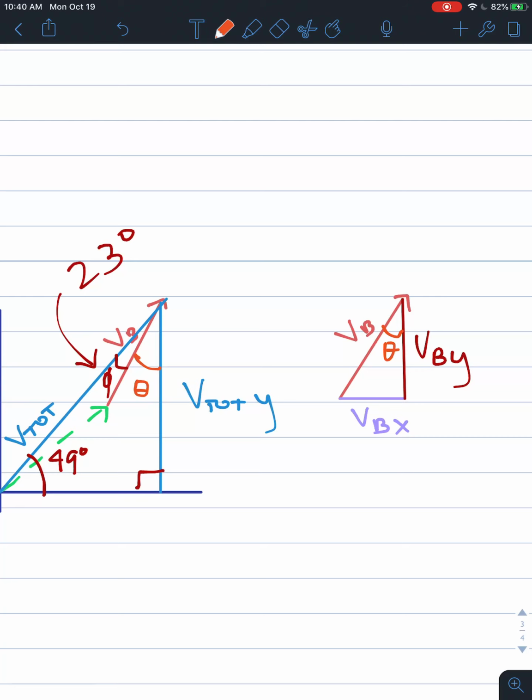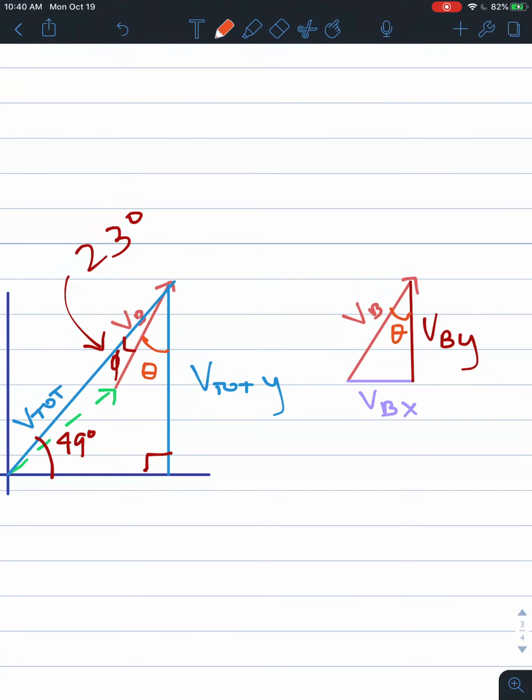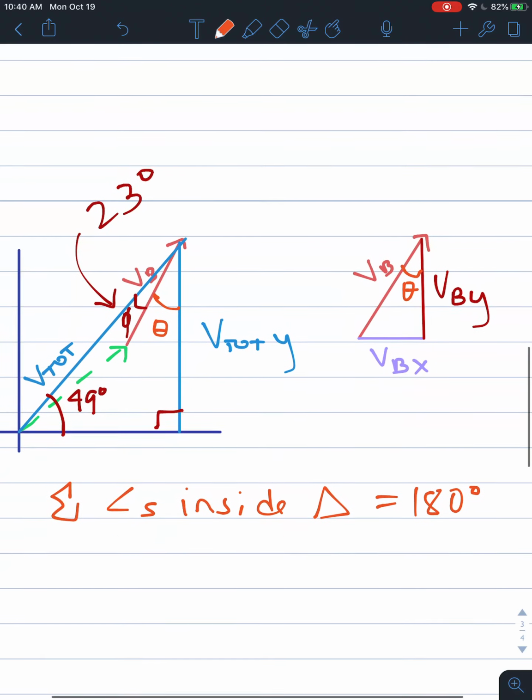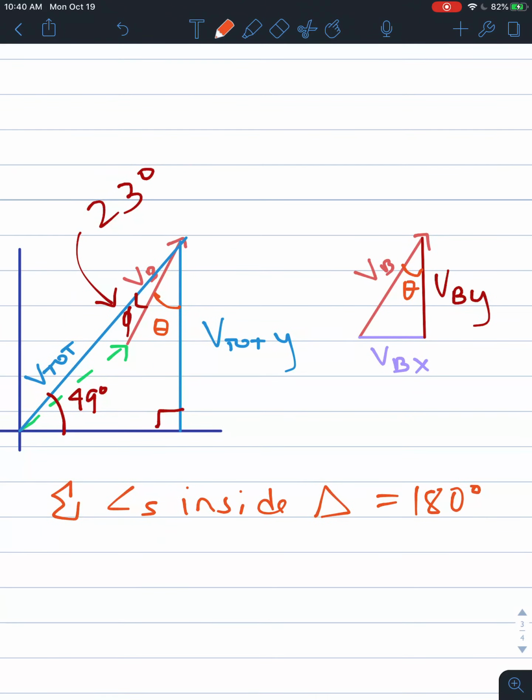So in order to find theta, we're going to have to do some geometry. I know that the sum of all of the angles inside of a triangle are equal to 180 degrees. So I'm going to add up all of my angles. I have 180, because that's what it's supposed to be, minus 90 degrees, which is this angle here. I'm going to check that one off.